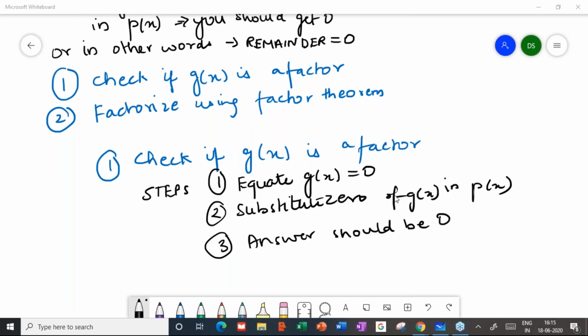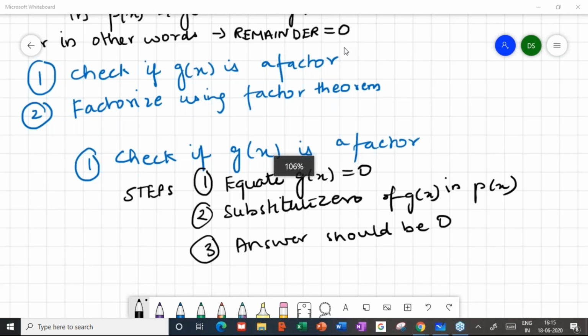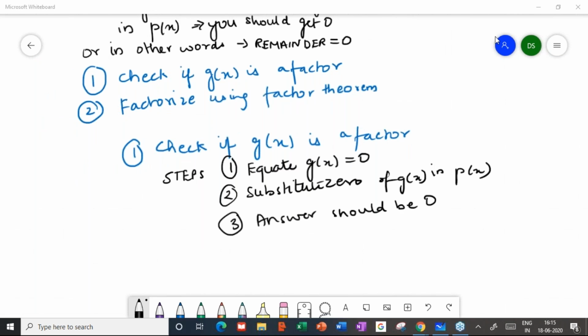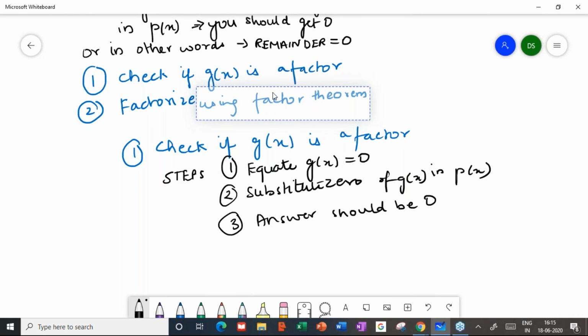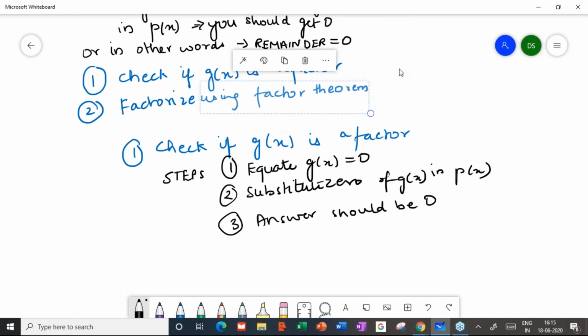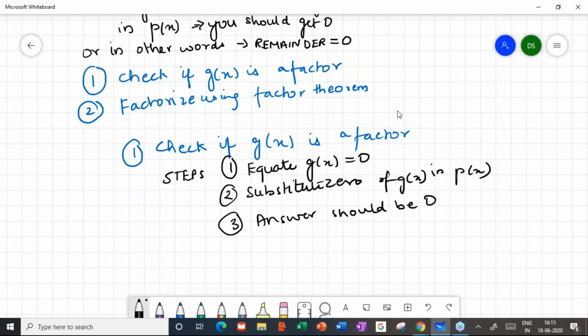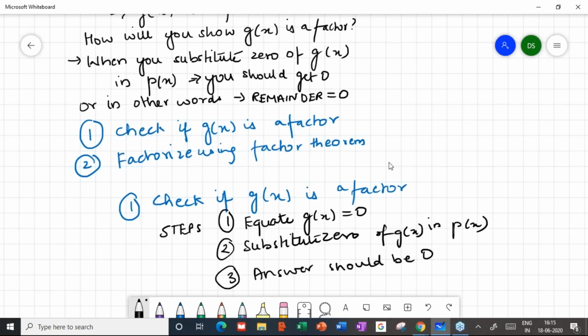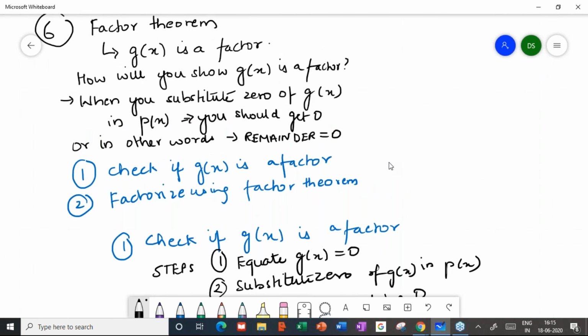Could you explain the factorized one? Yes, sure. Factor theorem basically is an extension, or you can say a part, of remainder theorem. What do you do in remainder theorem? You find the zero of g and substitute it in p of x, and whatever answer you get is the remainder.